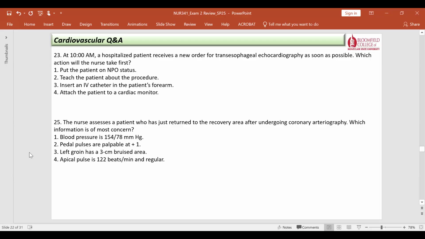So it is important that the patient be placed on NPO status for several hours before the test, because we are going to introduce the TEE, the endoscope. The patient's throat will be numbed with a topical anesthetic agent with the use of IV conscious sedation, like propofol or Versed.